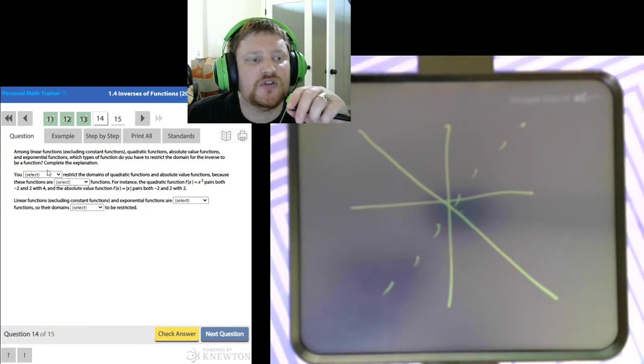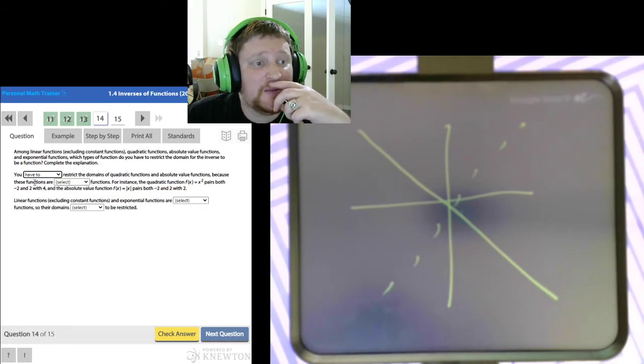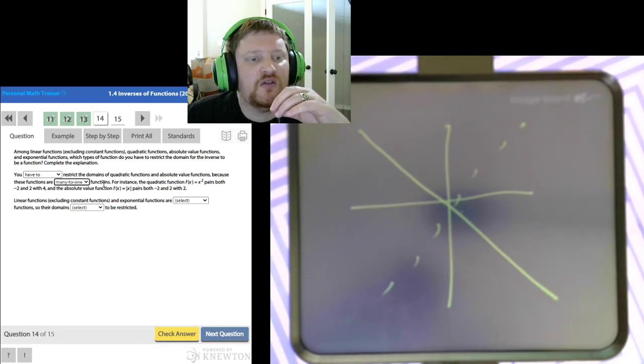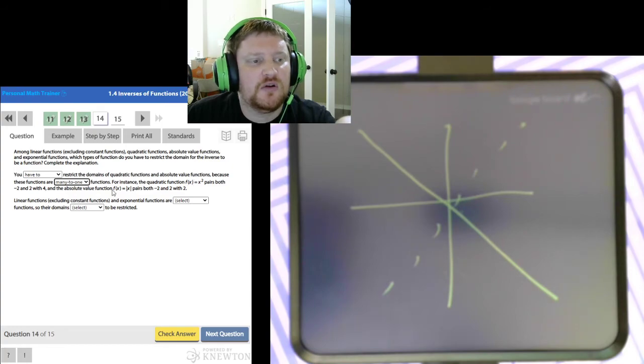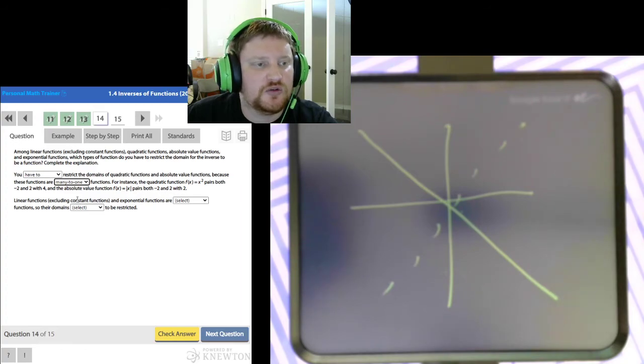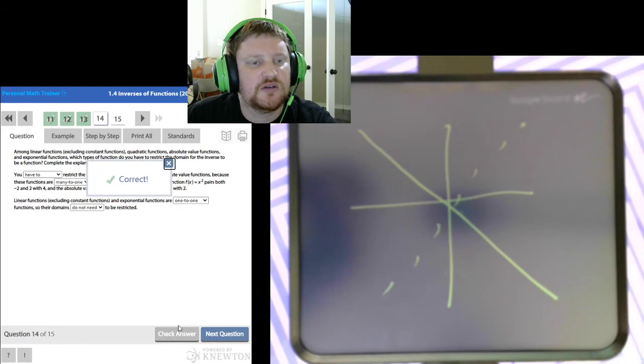For the inverse to be a function, you have to restrict the domains of quadratic functions and absolute value functions, because these functions are many-to-one functions. For instance, the quadratic function pairs both negative 2 and 2 with 4, and the absolute value pairs both negative 2 and 2 with 2. Linear functions, excluding constant functions and exponential functions, are one-to-one, so their domains do not need to be restricted.